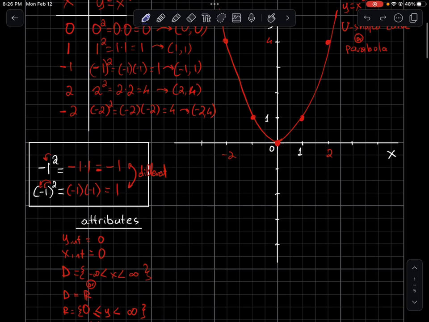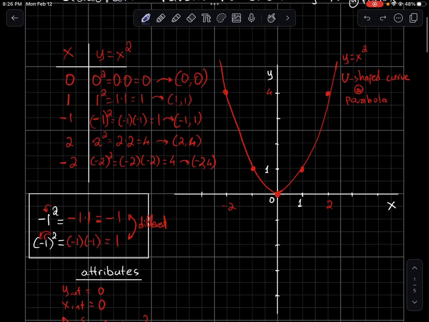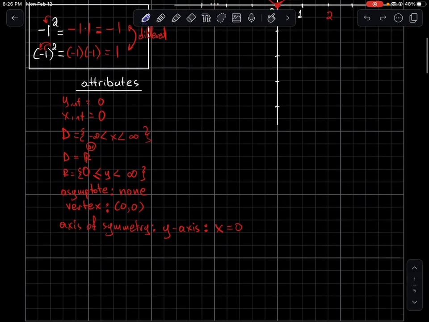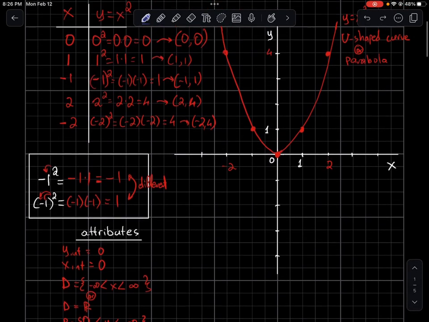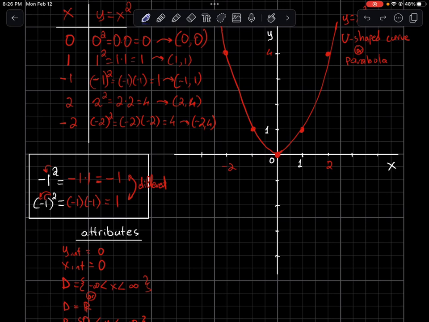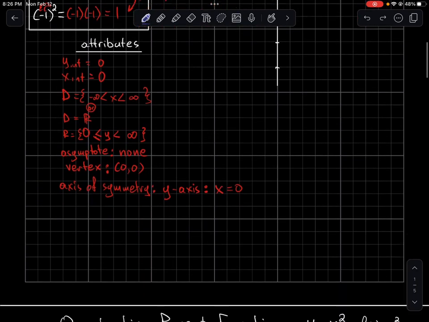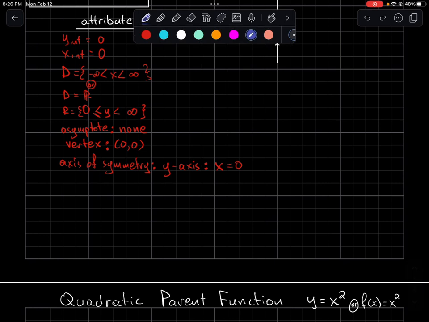Now, one thing that I notice is that the vertex and the axis of symmetry are related. The axis of symmetry goes through the vertex. So maybe I should put some comments here.